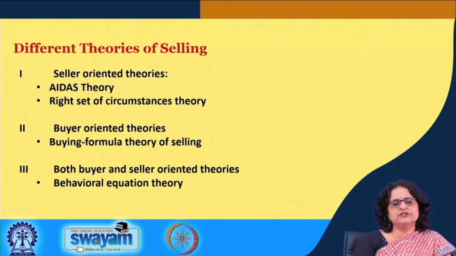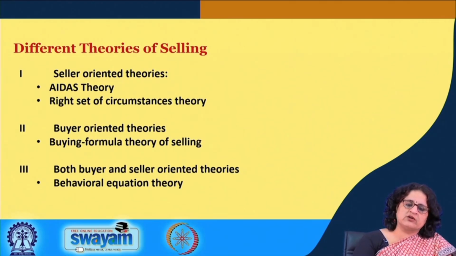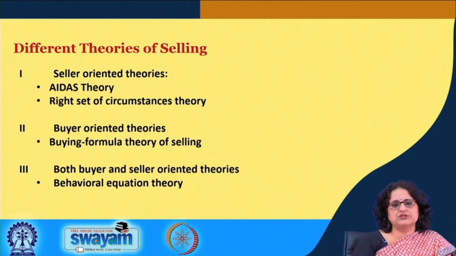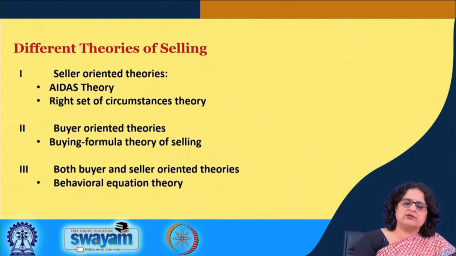The buyer oriented theories lay emphasis on the mental processes or the psychological states that a consumer or a prospect goes through, which according to buyer oriented theories the salesperson should well understand and devise a strategy accordingly. And we also have the buyer and seller oriented theories. So we shall be discussing the various theories under these three broad heads.